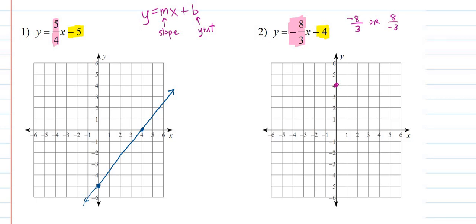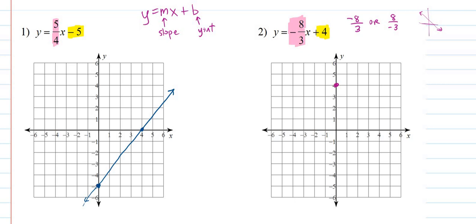We don't have space on our coordinate plane to go up and then to go left, but we can count down and to the right. And as long as our graph has a decreasing slope, then we know that we've done it correctly. And remember that decreasing looks like it's going down as you read from left to right.